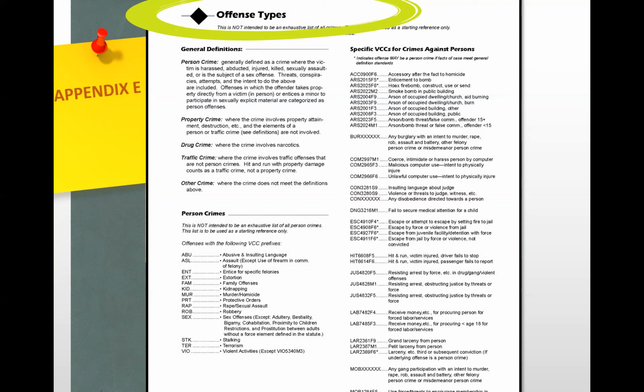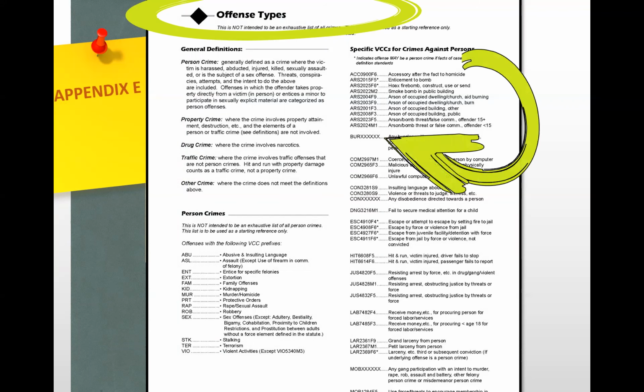However, there are some specific VCCs that do not fall under the person crimes, but if the intent of that offense is to injure an individual, then that offense will then be considered to be a person crime.